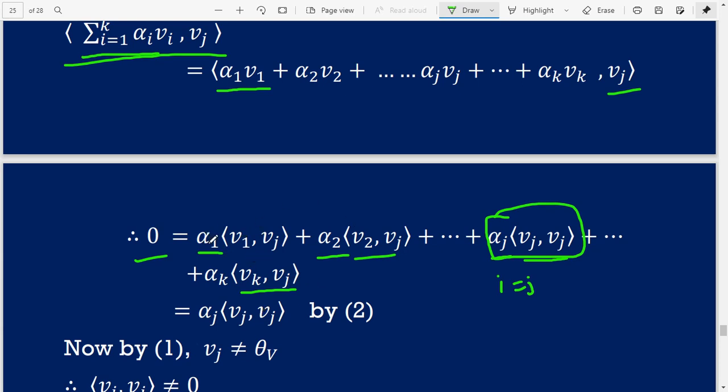So multiplying with alpha 1, this is equal to 0, and this is equal to 0, and this is equal to 0. So remaining is alpha j times the inner product vj with vj. So this is equal to 0.